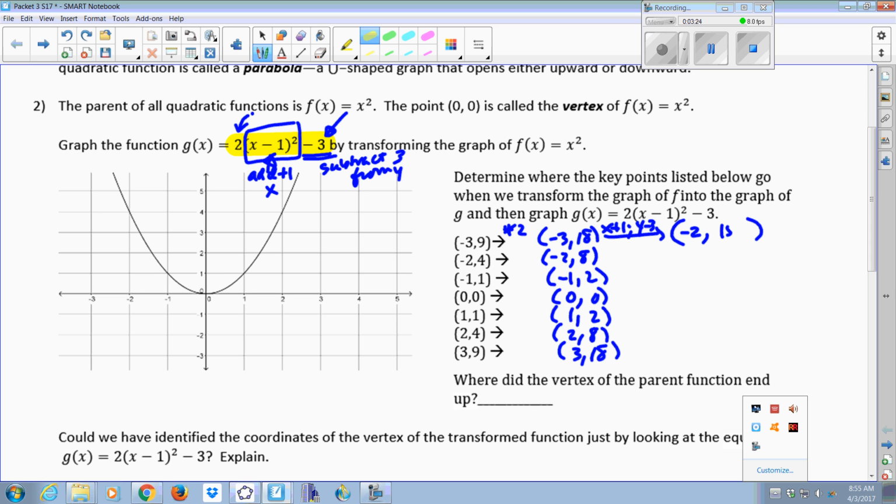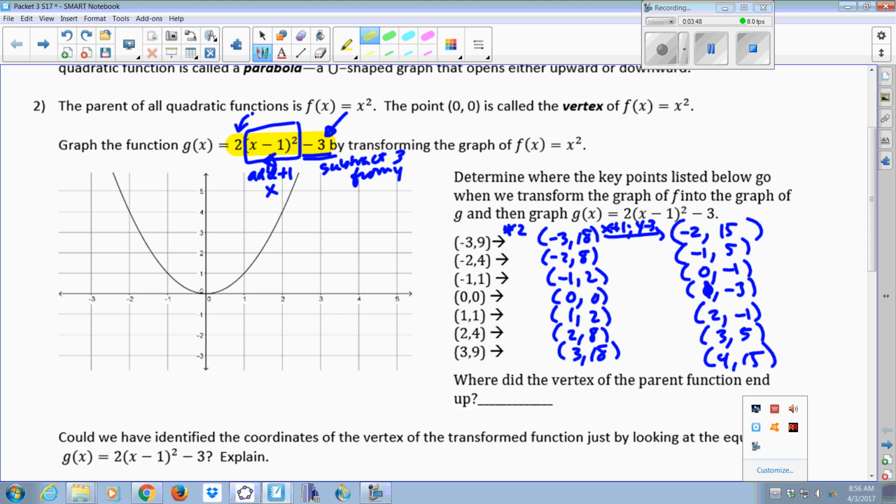Subtract 3 from 18 is 15. So I'm just going to go ahead, and you can check what you've done with this. Okay, so those are my new points based on the transformation.